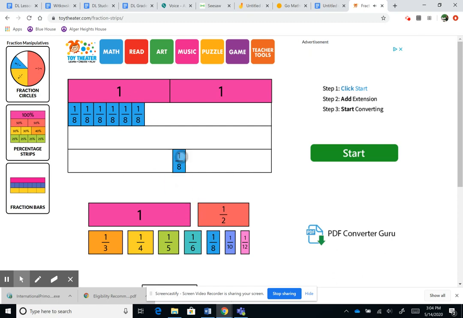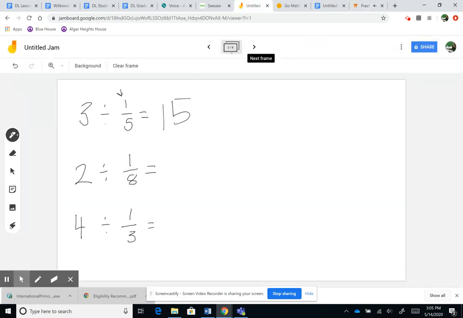There we go. We have 1, 2, 3, 4, 5, 6, 7, 8. If I have 2 like that, 8 times 2 is 16. So I'm going to end up having 16 1/8 pieces. There's 9, 10, 11, 12, 13, 14, 15, 16. So our answer is 16.